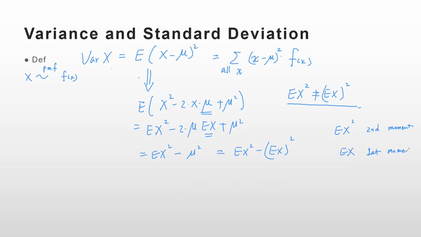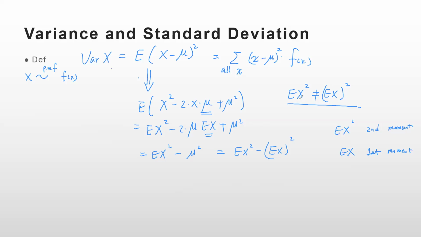And then obviously E of x to the third is the third moment. But normally in this class, we don't talk about the third moment, fourth moment, not a lot. A little bit when we talk about the moment generating function, if we do cover it. So in words, we can say the variance is the second moment minus the first moment squared. This is a sentence you can memorize. Be very careful. Again, the second moment is not the same as the first moment squared.